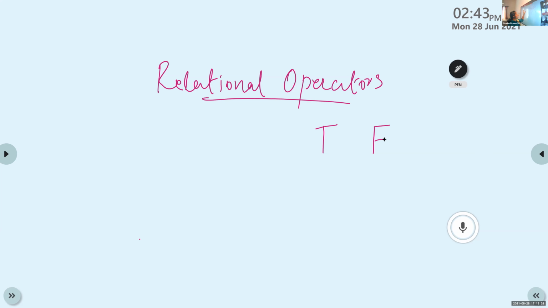The result of a relational operator is either true or false. No other results are there. So after comparison, we get the result as either true or false. Okay, that is relational operators.